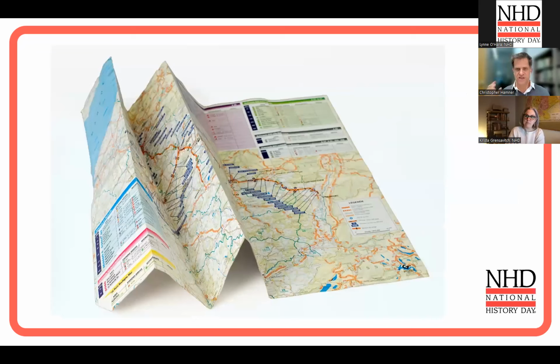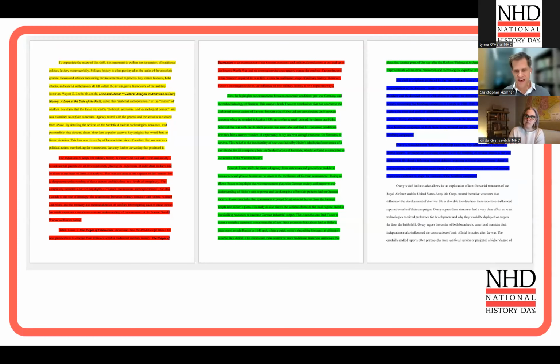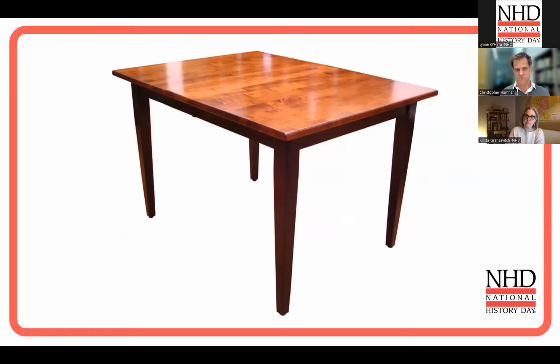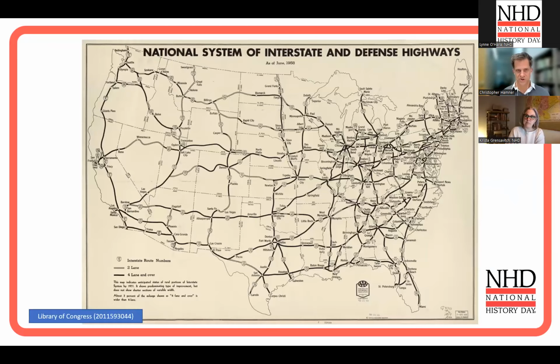But the principle of explaining to the reader where you're going and making sure they have a good sense of what's coming and in what order, that doesn't change. Do the pieces match up? Do they appear in the order that you've promised them in the roadmap? You've got a good sturdy table. A good sturdy table is a good sturdy table by almost any definition, right? It has a couple of characteristics that we can all agree on.